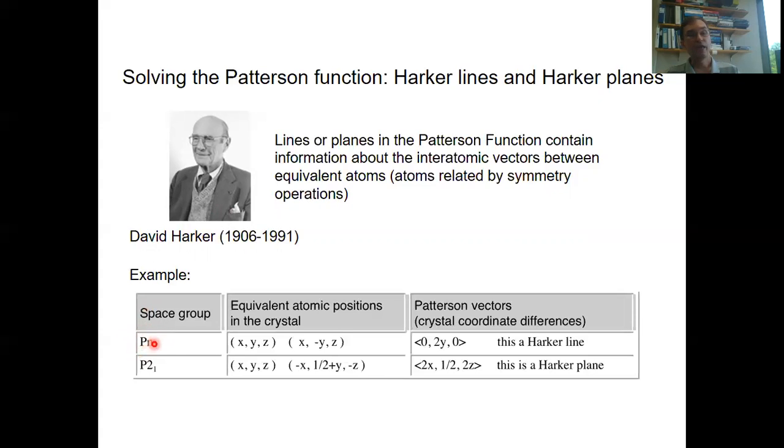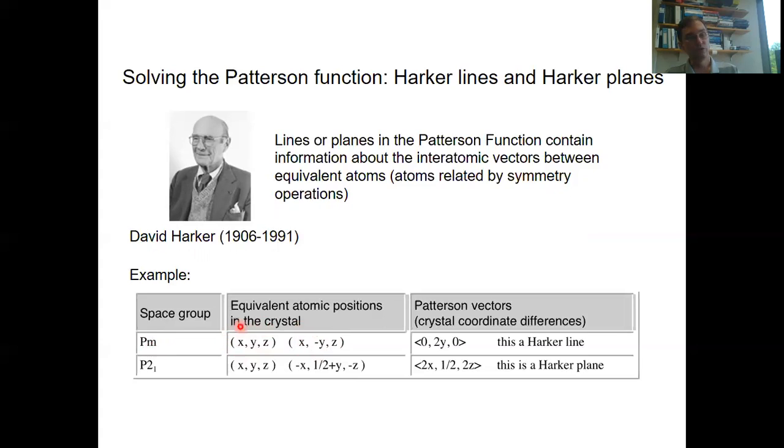We can look into the International Tables for Crystallography, and we find that in the space group PM, when we have an atom on the general position X, Y, Z, then due to the presence of this mirror plane, that same atom must also be present at the coordinates X, minus Y, Z. Because in this case, we reflect at the coordinate Y, which turns Y into minus Y, in our mirror plane, in this case the XZ plane.